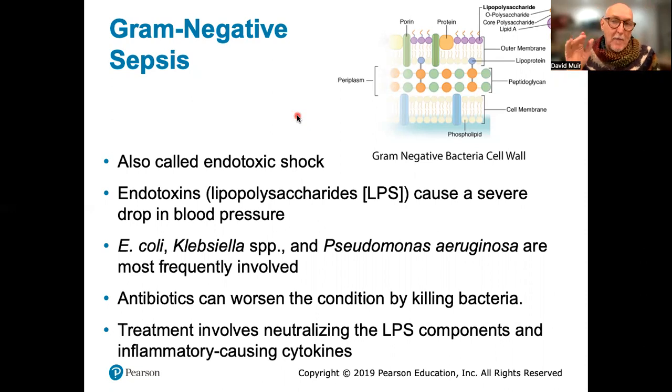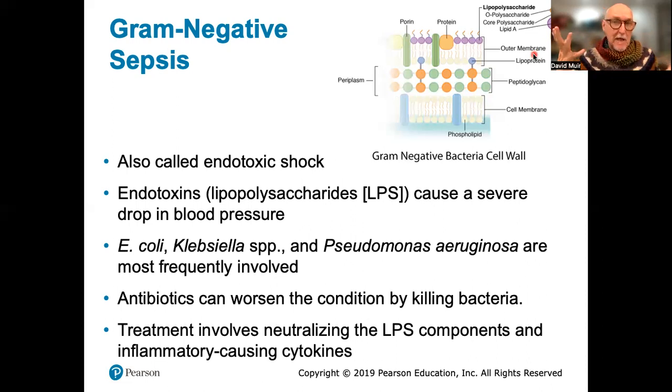In that outer membrane, there are elements composed of lipopolysaccharide, not the normal phospholipid that we see in the cell membrane, but lipopolysaccharides, which are highly, highly antigenic. And these form an endotoxin. That is, they are part of the structure of the bacterium, and they are released when bacteria die.